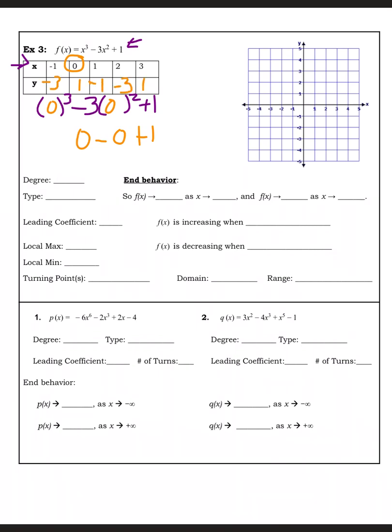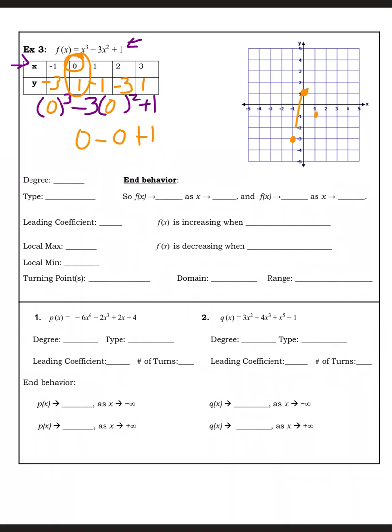And now that we have our table filled out, we can go ahead and start plotting the points. So let's start with the same point, that 0, 1 that we originally found. So x is 0, y is 1. That takes us right here. -1, -3 is down there. 1, -1 is back down here.